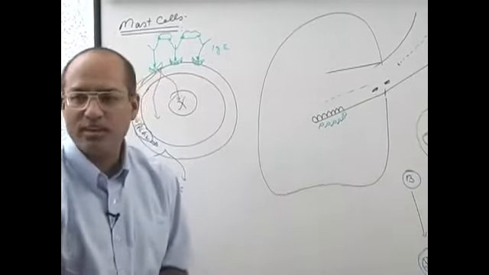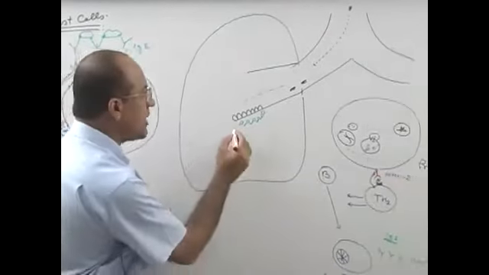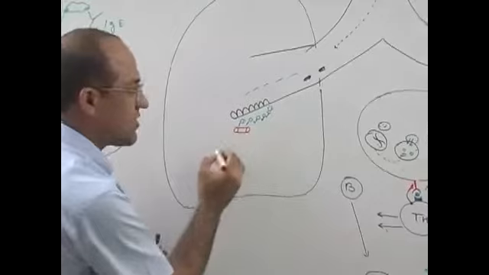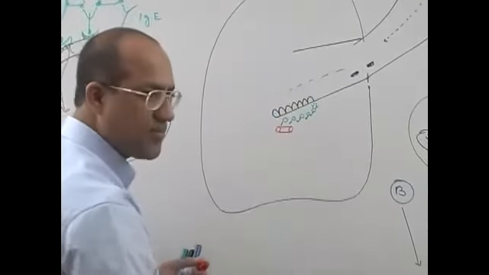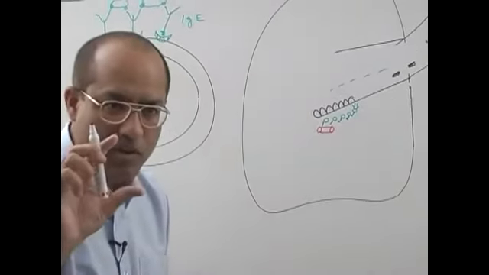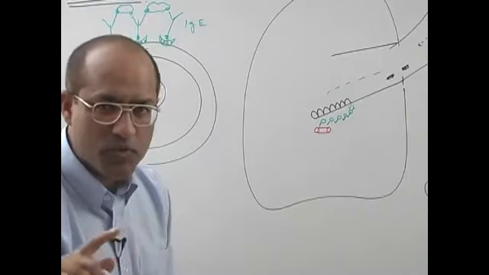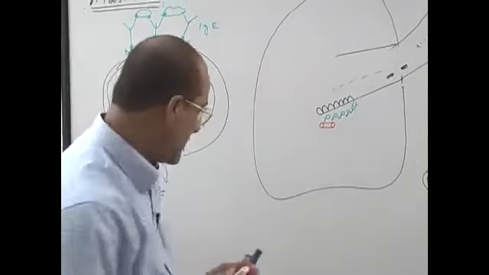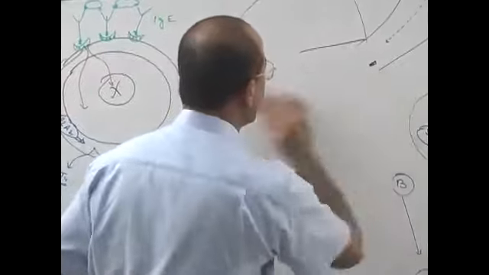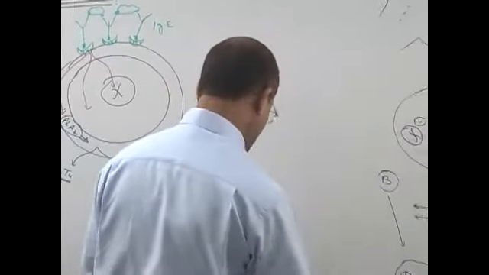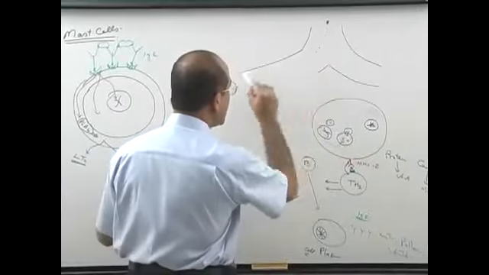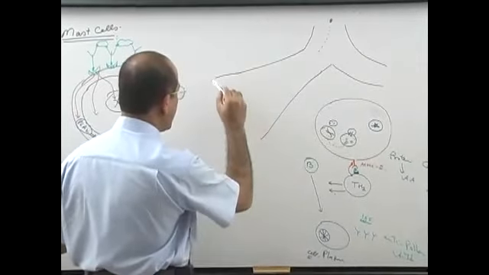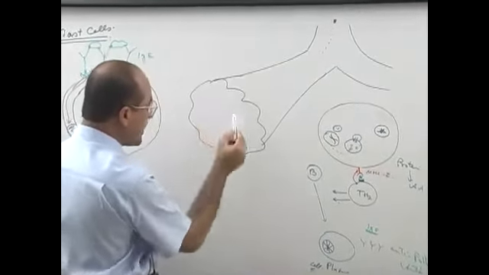What will these prostaglandins do? Prostaglandins will dilate the blood vessels. Blood vessels in this area will open up. Blood flow will be less or more? More. Let me now draw a section of the bronchial system. Let's suppose this is the airway.